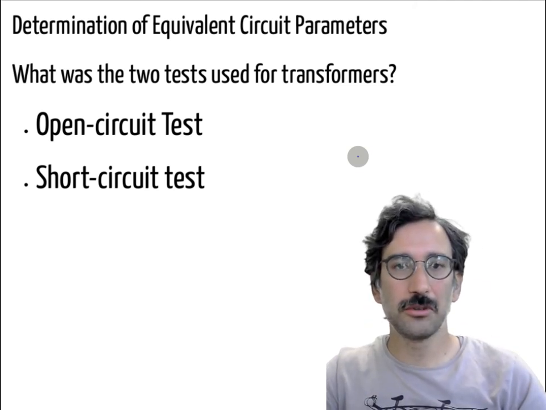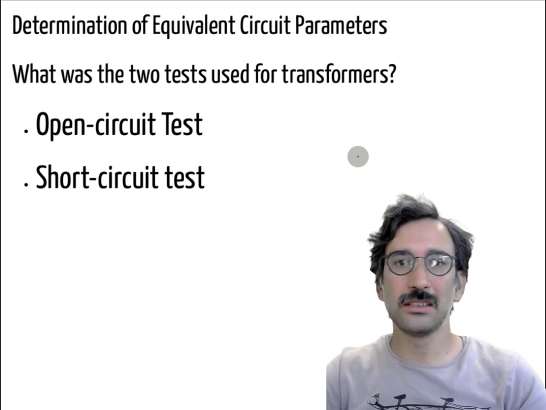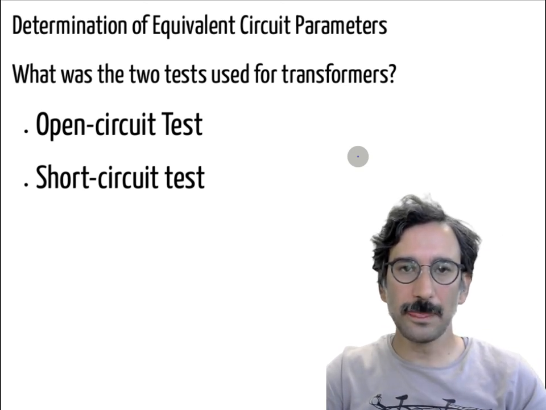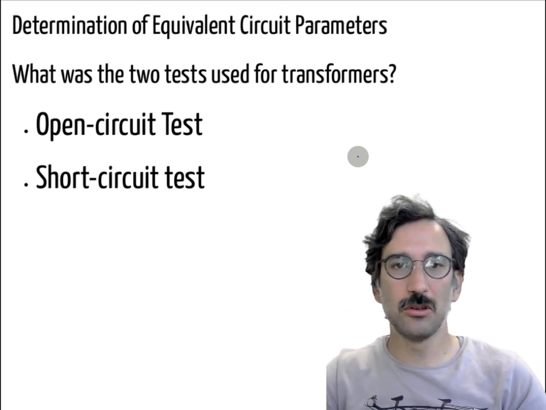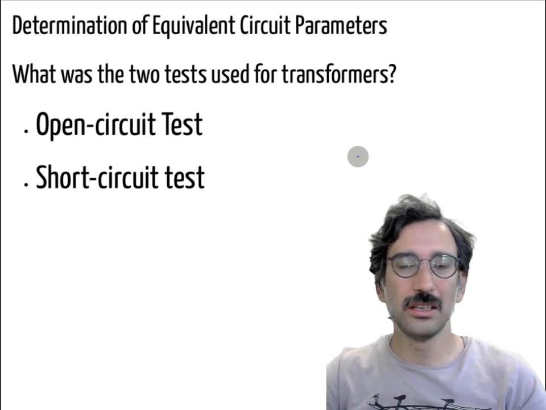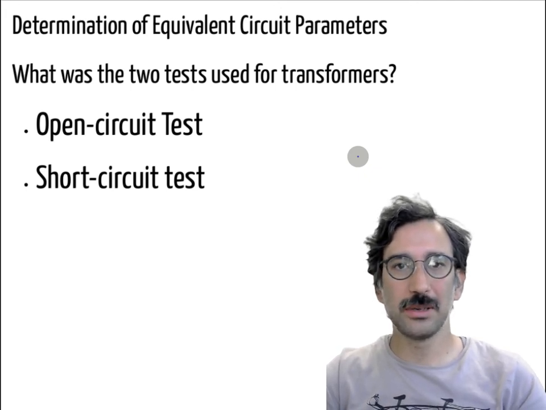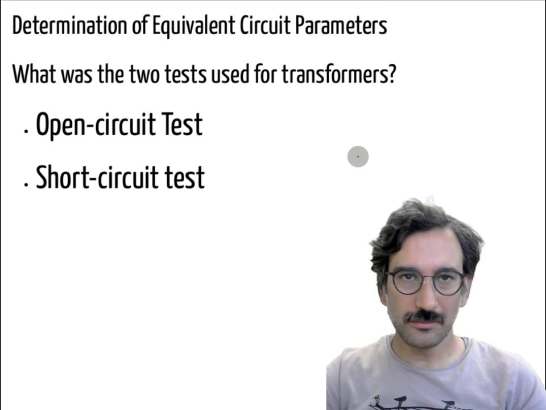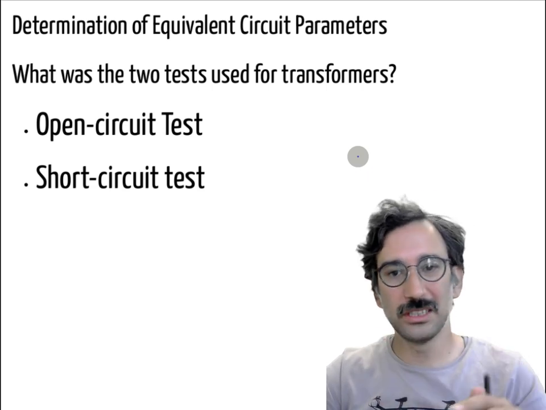In the short circuit test, you short circuit the secondary side, apply a small voltage, and with that you estimate the equivalent circuit parameters of the series branch.